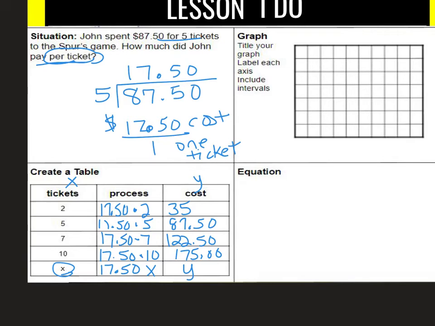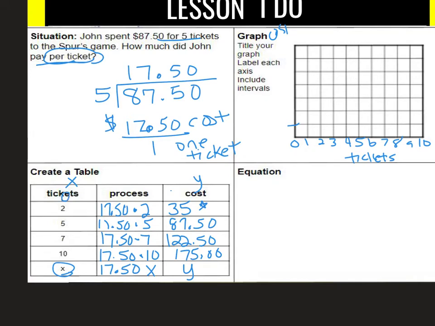Okay, so let's take this specific situation and let's look at it in terms of a graph. So if I look at my x-axis, I know I'm comparing the number of tickets, right, and the cost. So I'm going to go ahead and get a set interval because I'm starting at, well, we can even go back to 0 tickets.